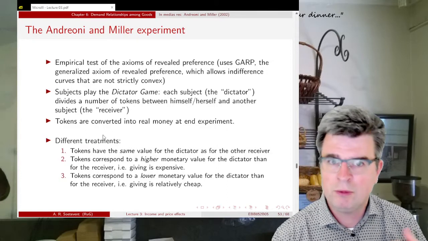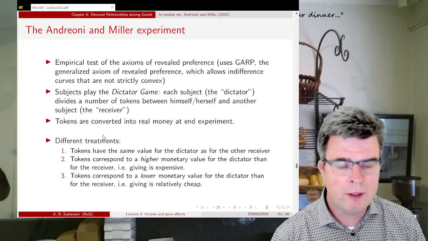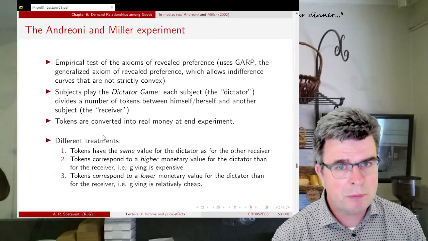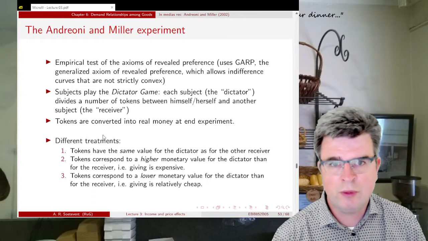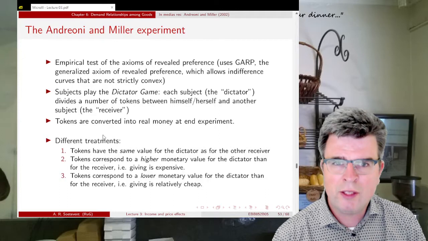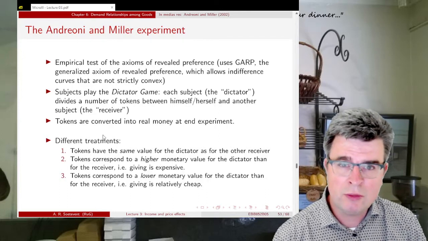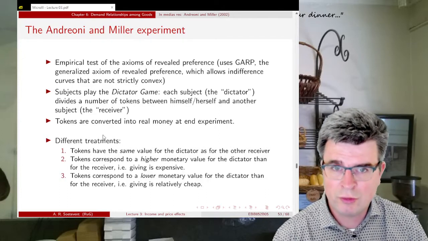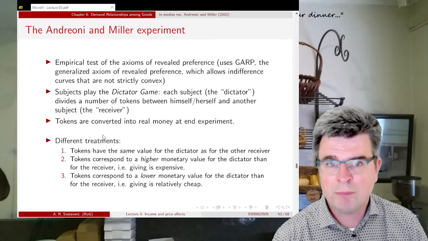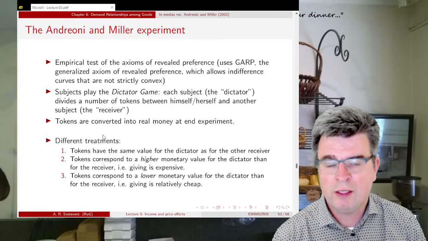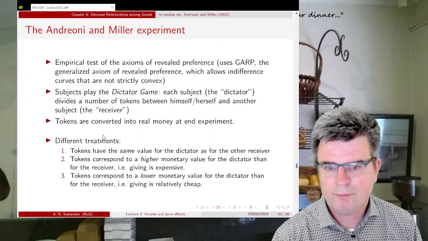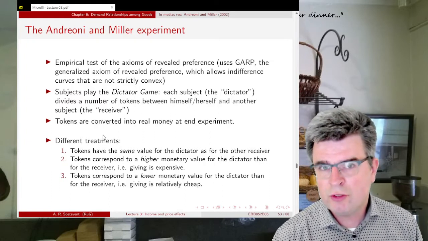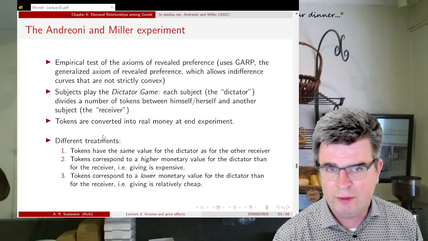In a third treatment, it's the other way around. There, the tokens represent a lower monetary value to the dictator. So he might not care that much about keeping the tokens or giving them away to the receiver, who can exchange them for a relatively higher sum of money. So they change the price of giving.